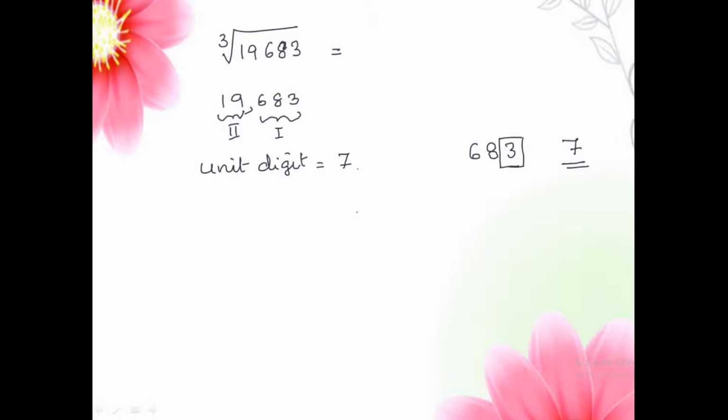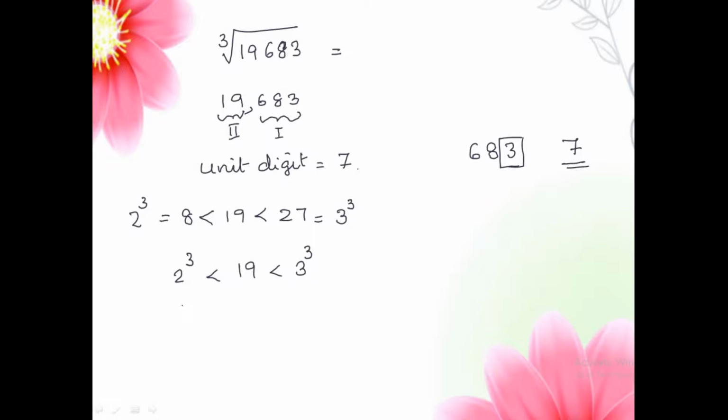Here also the second group exists. The second group is 19. Just think, 19 is in between which two cubes? It is between 8 and 27. 8 is 2 cube and 27 is 3 cube. So we can write 2 cube less than 19 less than 3 cube.